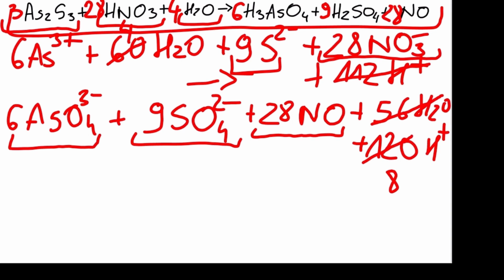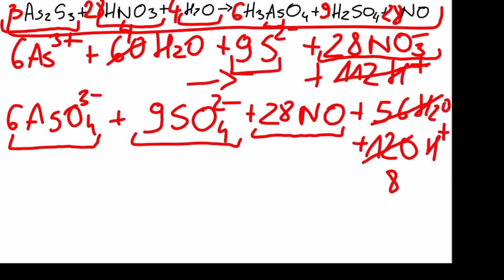Okay, so let's check the whole balance of the mass. Yes, the whole balance of the matter. On the left side of the reaction we have 6 atoms of arsenic. On the right side also we have 6 atoms of arsenic in 6 particles of arsenic acid.